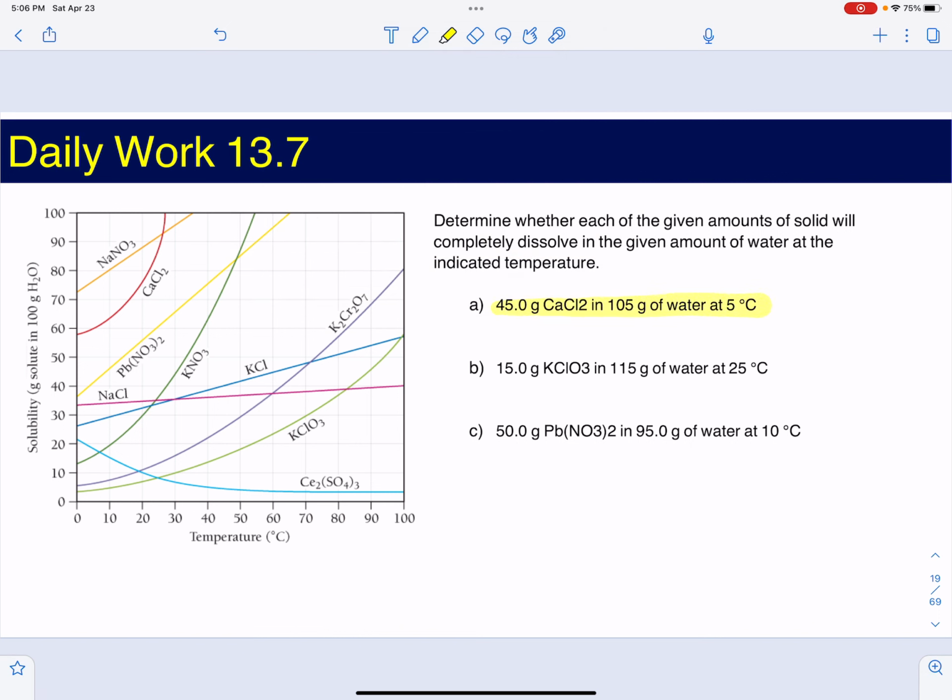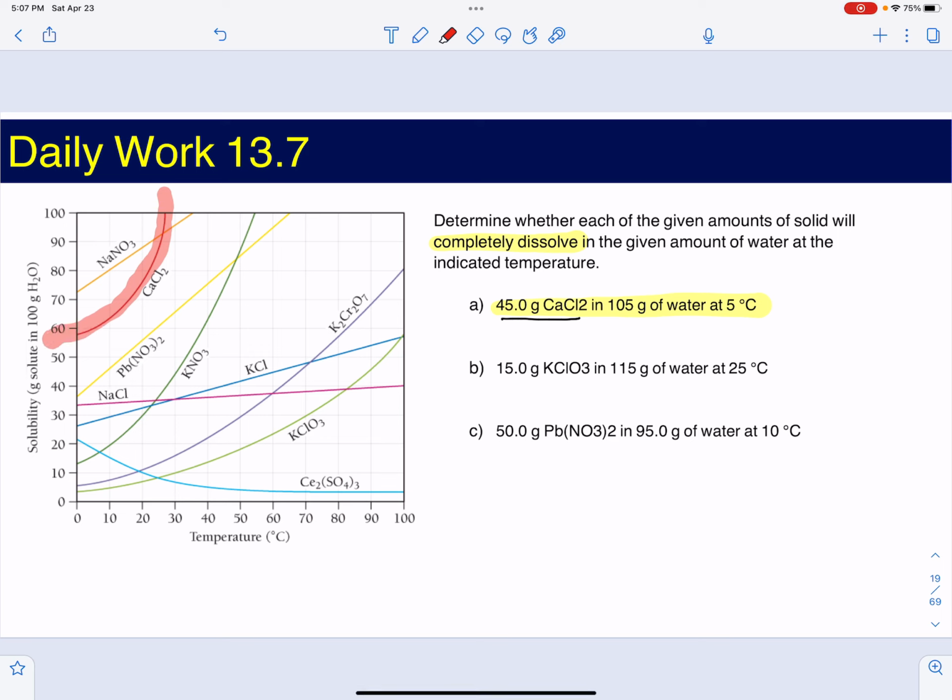Determine whether each of the given amount of solid will completely dissolve in the given amount of water at the indicated temperature. We've got 45 grams of calcium chloride. So we're looking at calcium chloride, which is going to be right there.